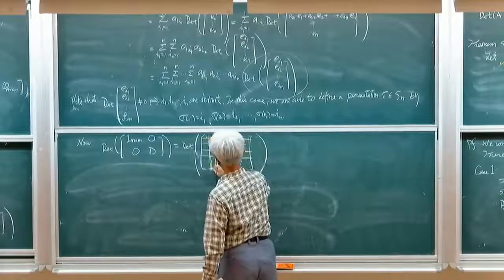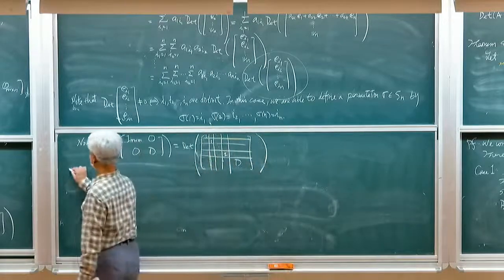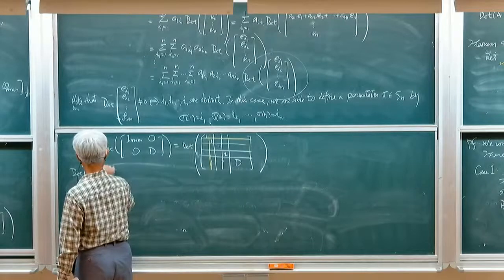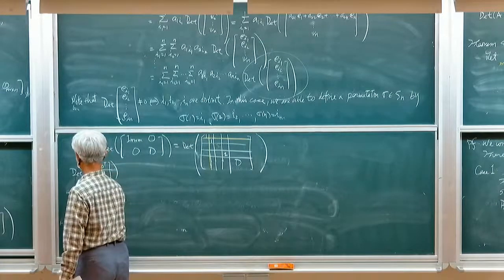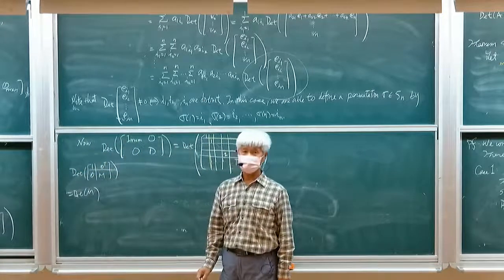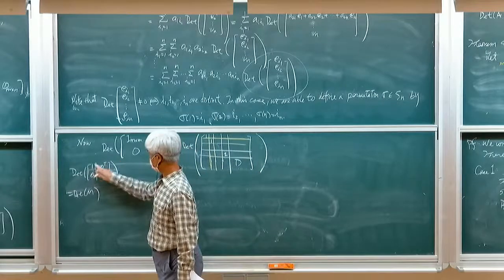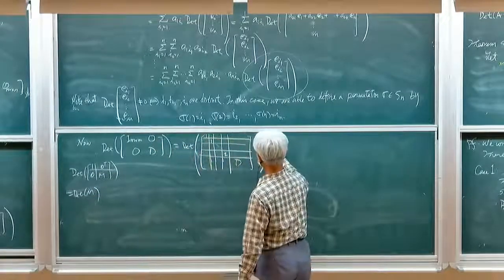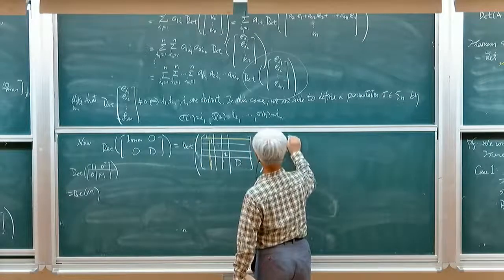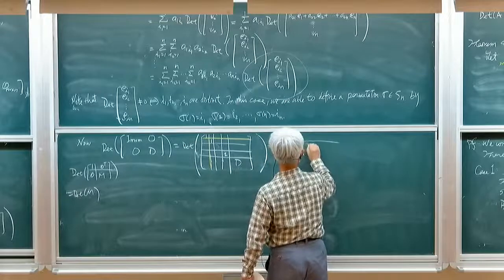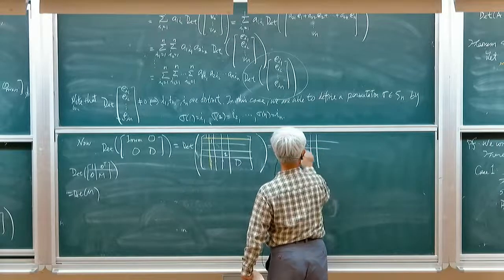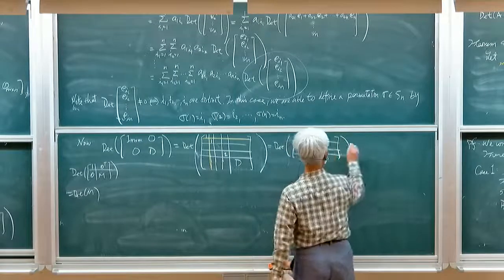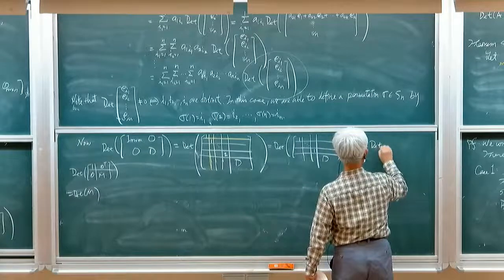Remember, for this special type of matrix, the determinant is equal to the determinant of M. So we reduce the size, and keep doing that, and you get the determinant of D.